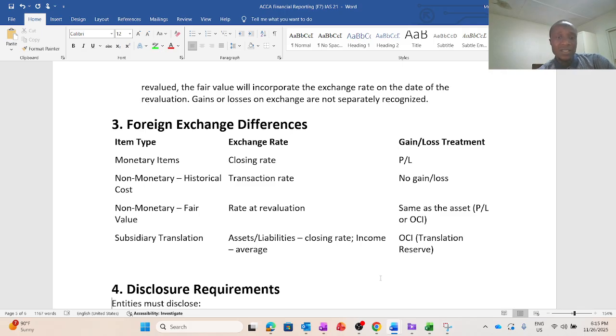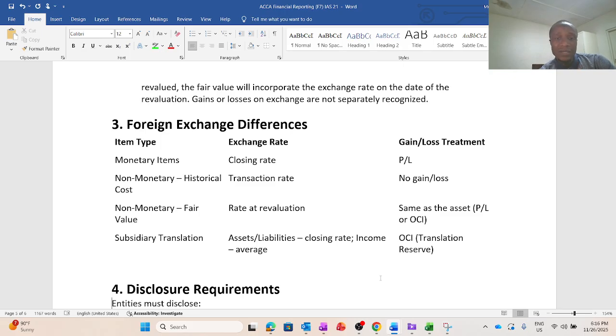For subsidiary translation, the assets and liabilities we are going to translate at the closing rate. Income, we are going to use the average rate. Now, in SBR consolidation, when we translate between the parent and the subsidiary, when there is a foreign subsidiary, for the income we are going to use the average rate.